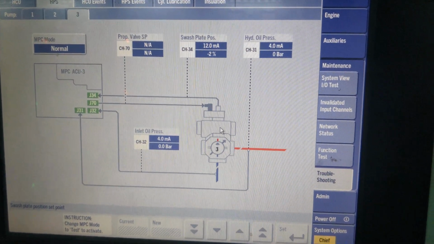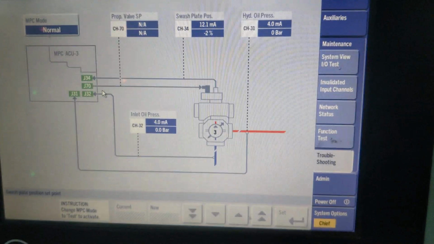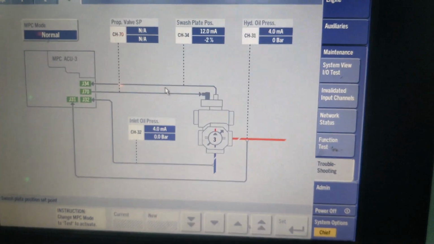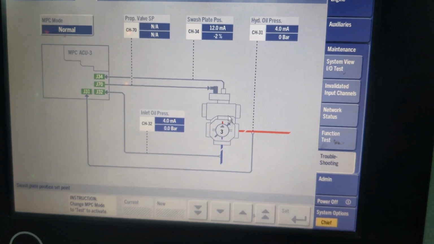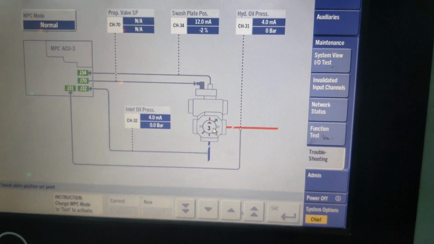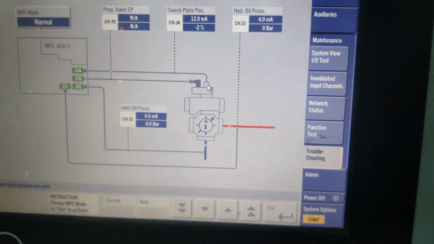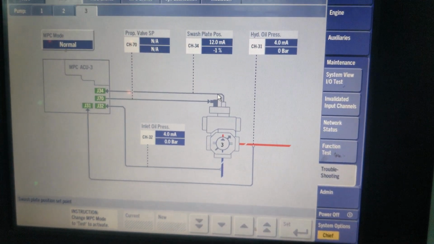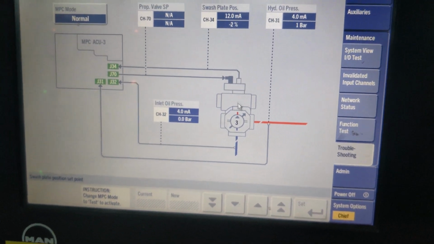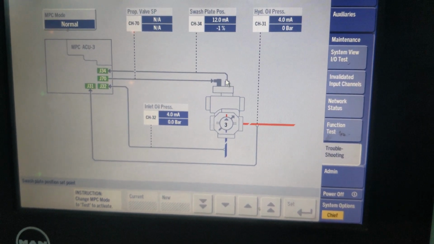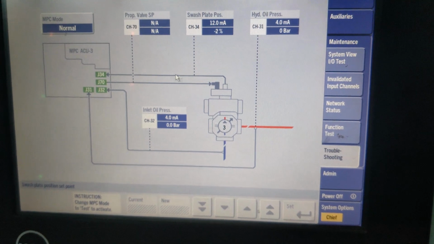The signal is initiated by channel 70, which actuates the proportional valve, which in turn decides the stroke of the HPS pump. Also the feedback is going. This line is the feedback line, which gives the swash plate position. Sometimes there is also a position sensor which gives the stroke of the swash plate pump.